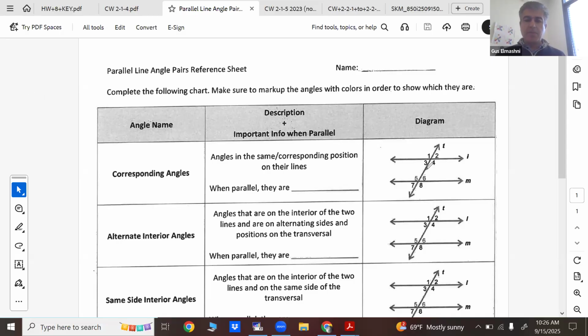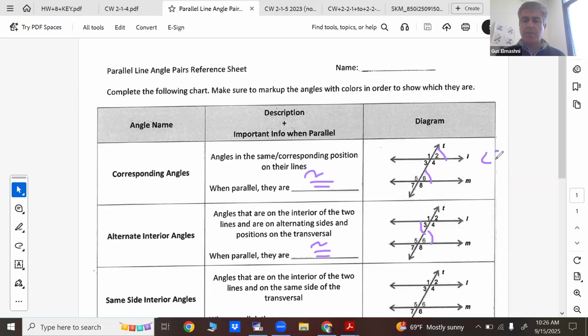So, for example, 2 and 6 are corresponding. They are congruent. Alternate interior angles: 3 and 6 are examples of alternate interior angles. When parallel, those are also congruent, right? 4 and 5 would also count as well.